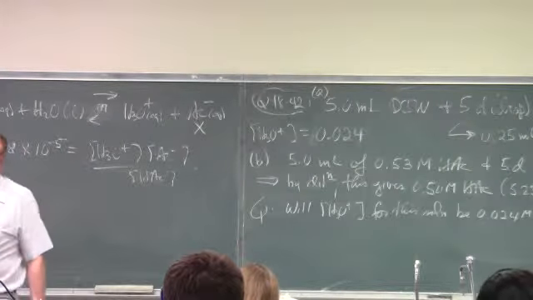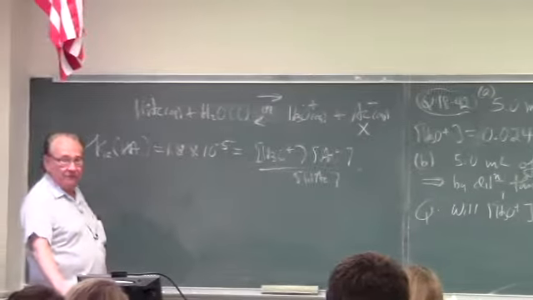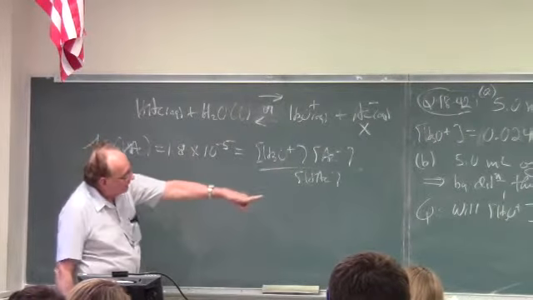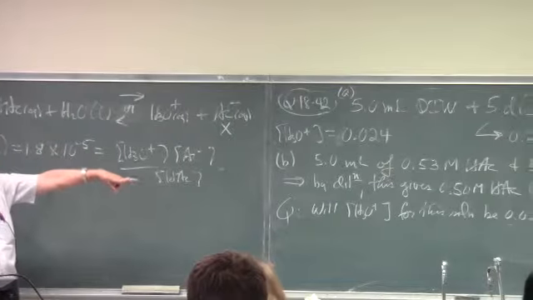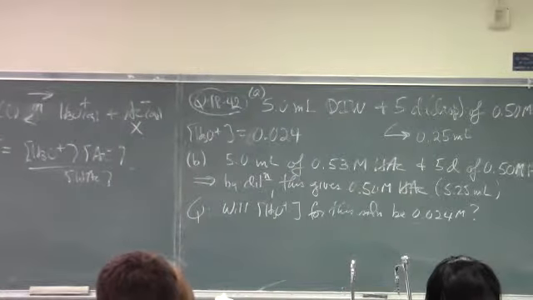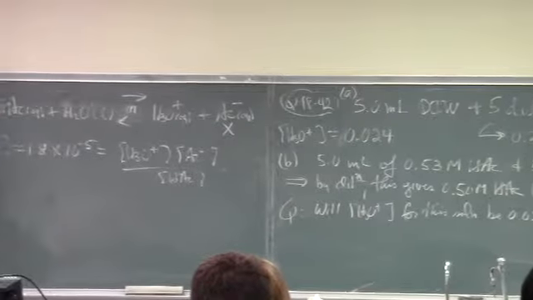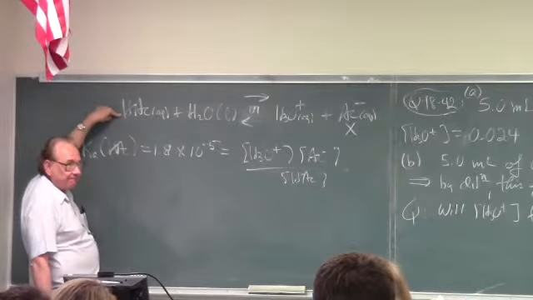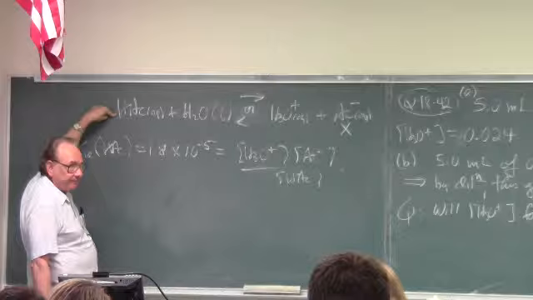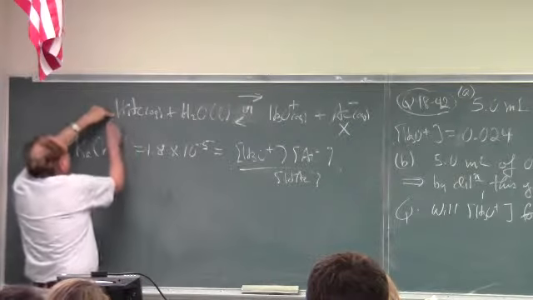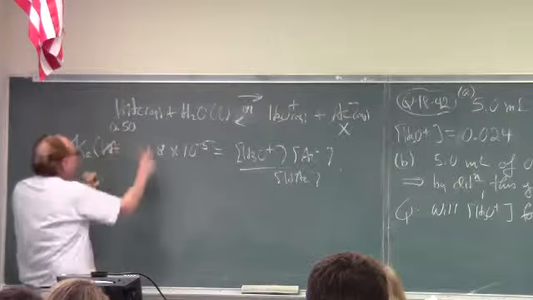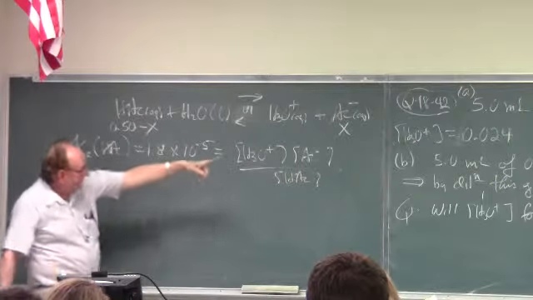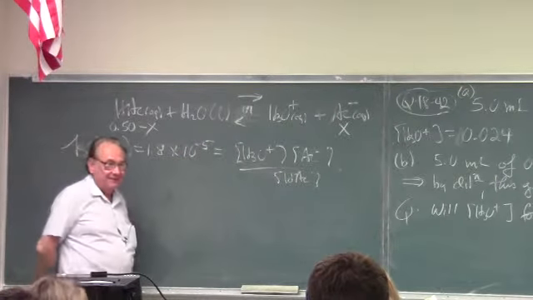So if that be true, since I have really 0.50 molar acetic acid, because we factored in the dilution effect, what will be the equilibrium molarity of acetic acid? It starts at 0.50 minus X, right? Is that the derived species?